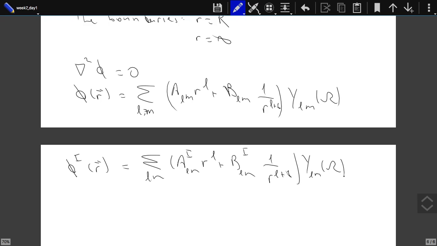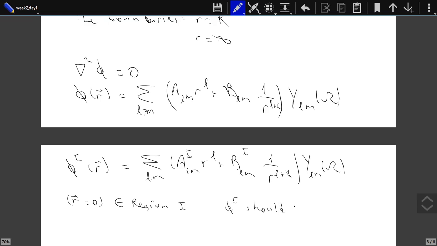Then in region 1, this is the sum over L and M of A_LM, for region 1, R to the L, plus B_LM, in region 1, 1 over R to the L plus 1, times Y_LM of omega. This is the potential in region 1.